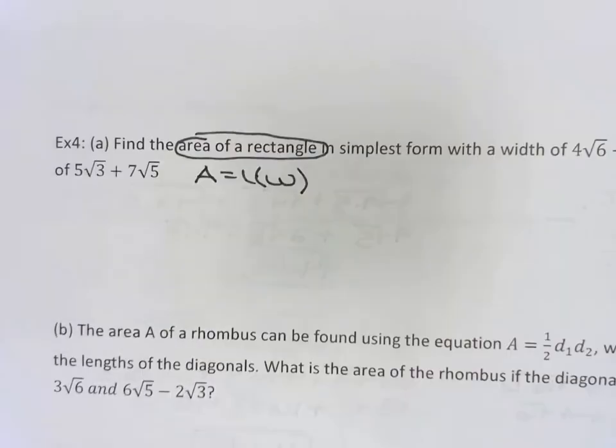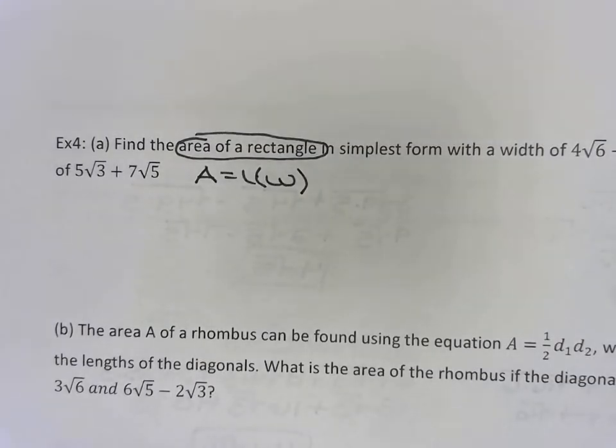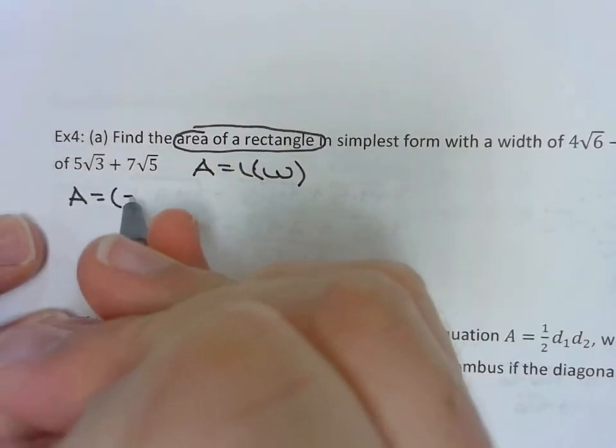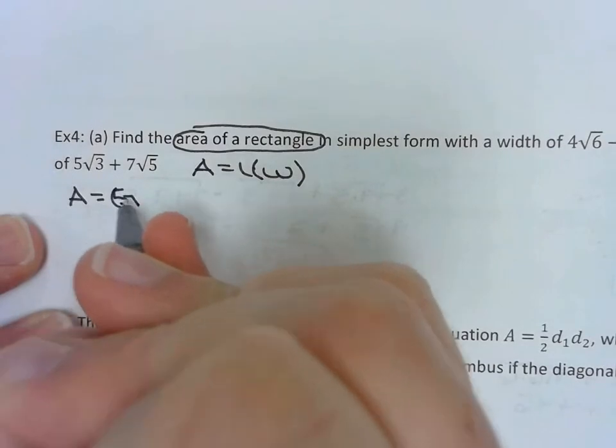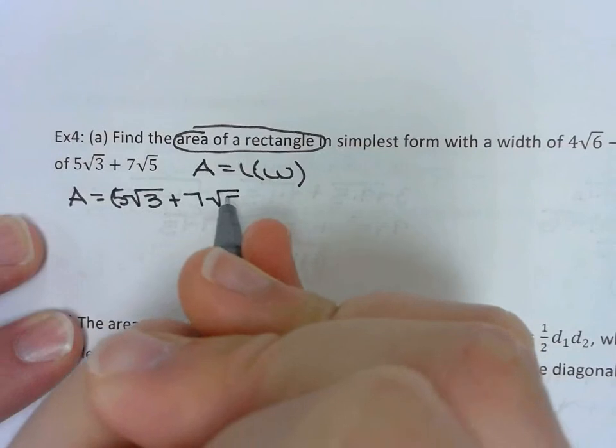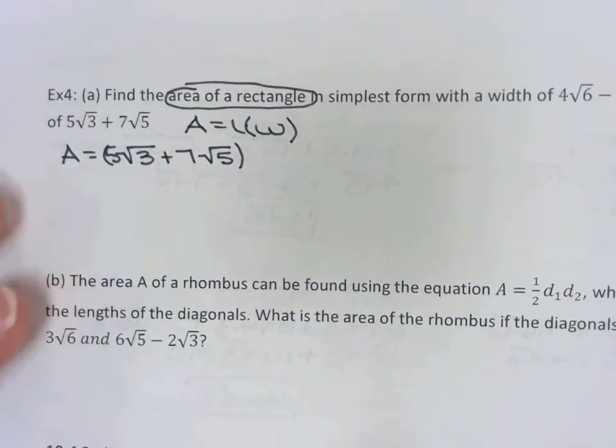So if I want to find the area of that rectangle, I give you the width, I give you the length, you are going to simply multiply them. So the length is 5 square root of 3 plus 7 square root of 5. That they tell me, if you read that, that is my length.